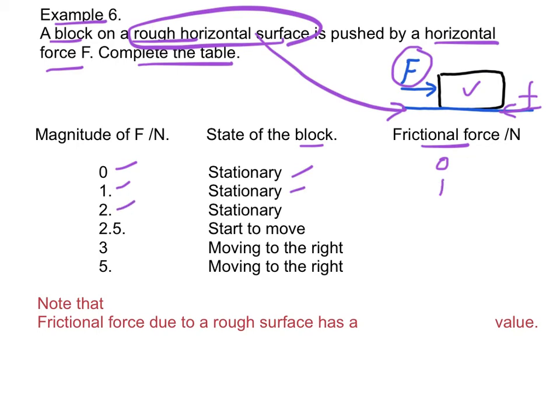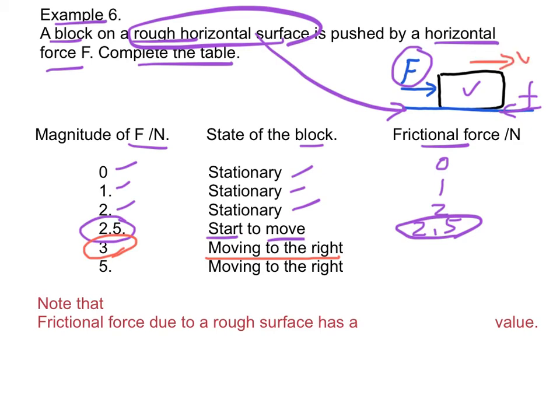Similarly, if the pulling force is 2.5 Newton and at this stage the block starts to move, that means the frictional force is still equal to 2.5 Newton. However, if the force is increased to 3 Newton and the block is moving to the right, in this case, the frictional force will remain at its maximum value, which is equal to 2.5 Newton only.